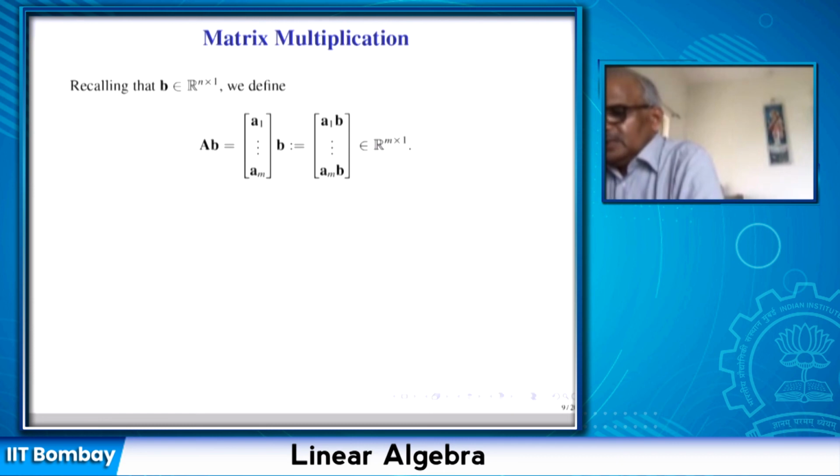Okay. So the matrix A is acting like a function. B had n components, so it goes from n-dimensional space into m-dimensional space. So using the matrix A, we have a function from n-dimensional space to m-dimensional space.